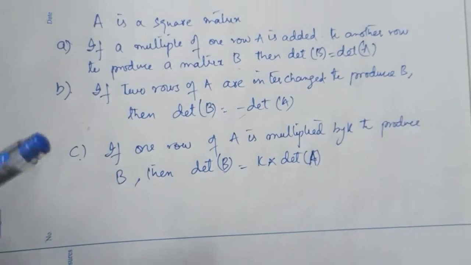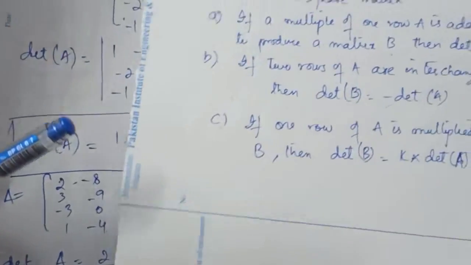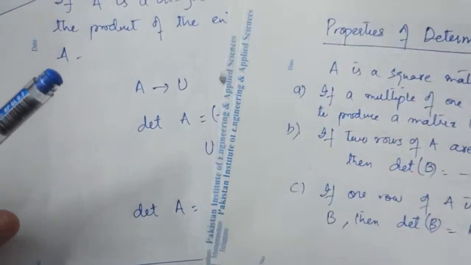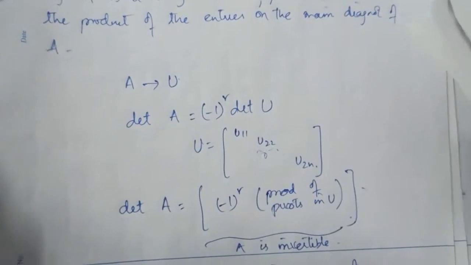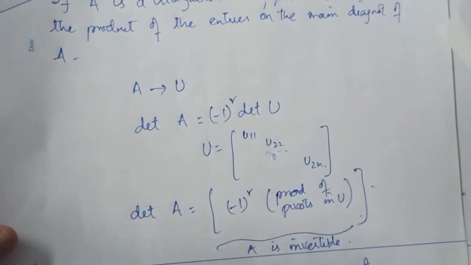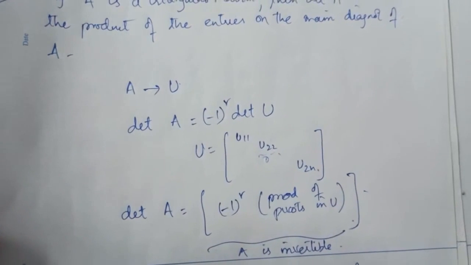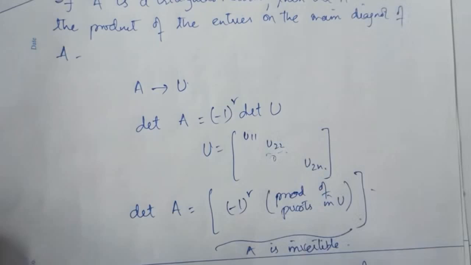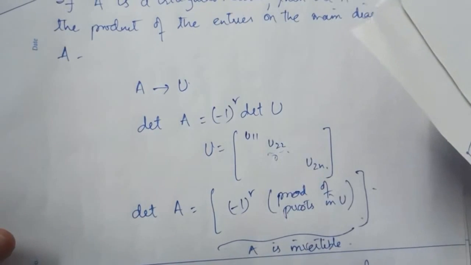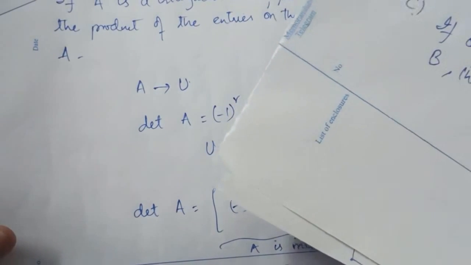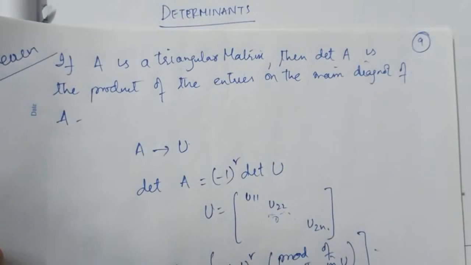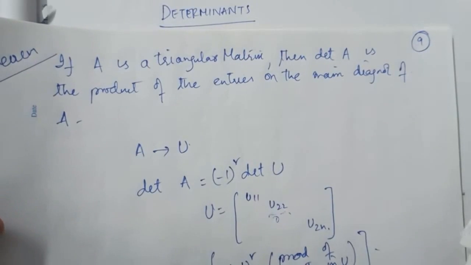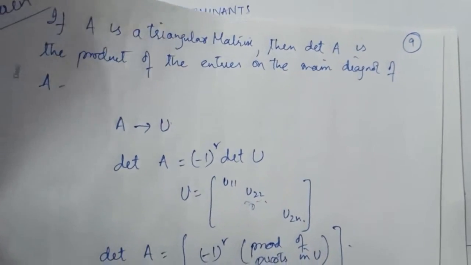Okay, now we did some examples to illustrate the effectiveness of these properties, and we said that if A is a triangular matrix, the determinant of A is the product of the entries on the main diagonal of A. So you can convert a matrix A into triangular form by using row operations, and their effect is summarized in those properties of determinants.